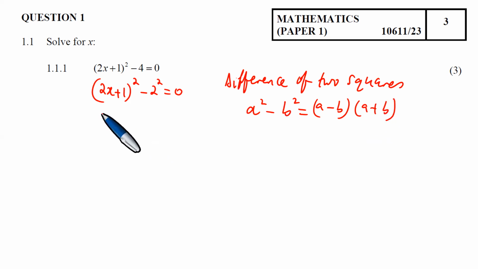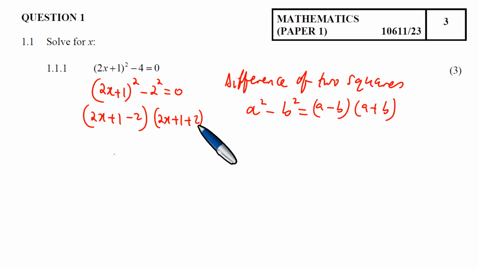And hence, at this point, you would have 2x plus 1, then we put the minus 2 in. Then we have 2x plus 1, then a plus 2, and this equals 0. Right, so it is a difference of two squares. You first put a minus and then a plus, or you can first put a plus, then a minus.